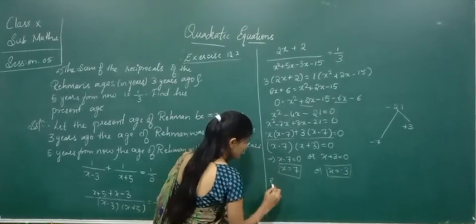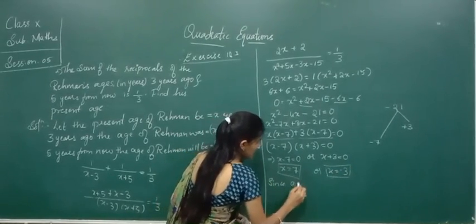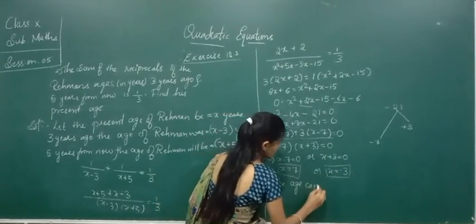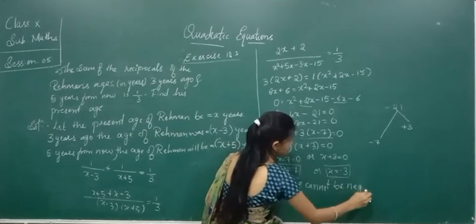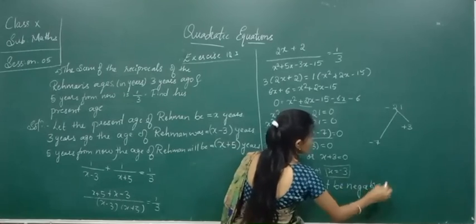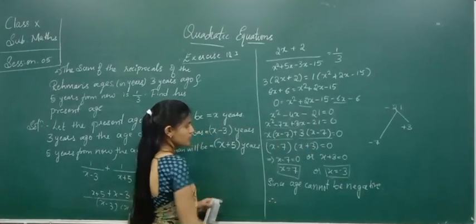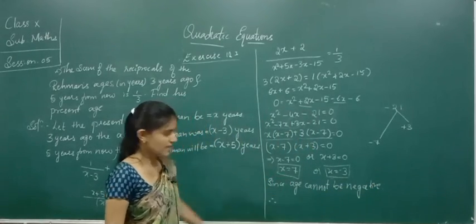Since age cannot be negative, therefore 7 is the positive number, right?